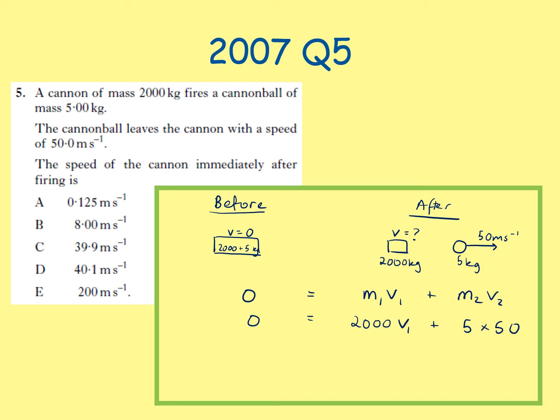So rearranging this, we have 2,000 v1 equals negative 250, and therefore our v1 is going to equal 0.125 meters per second, but as negative. So that's going to be moving to the left there. So 0.125 meters per second, this is answer A.